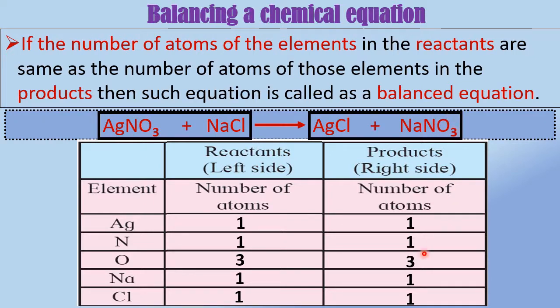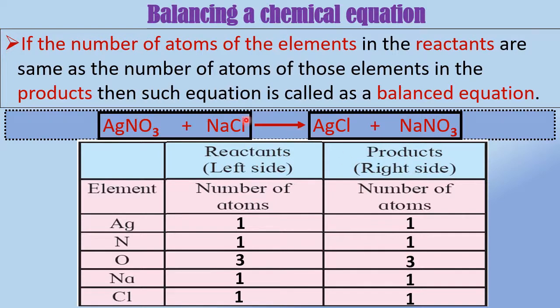So here we have found that in the given chemical equation, the number of atoms of the elements in the reactants and in the product are same. Such equation is called as balanced chemical equation.